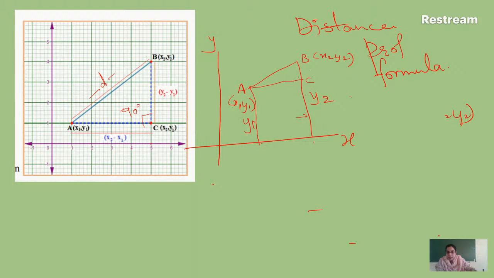If you name it as D and E for our convenience, BD is y2, but what will be CD? CD will be just y1. To get BC, what can I do? y2 minus y1, isn't it?